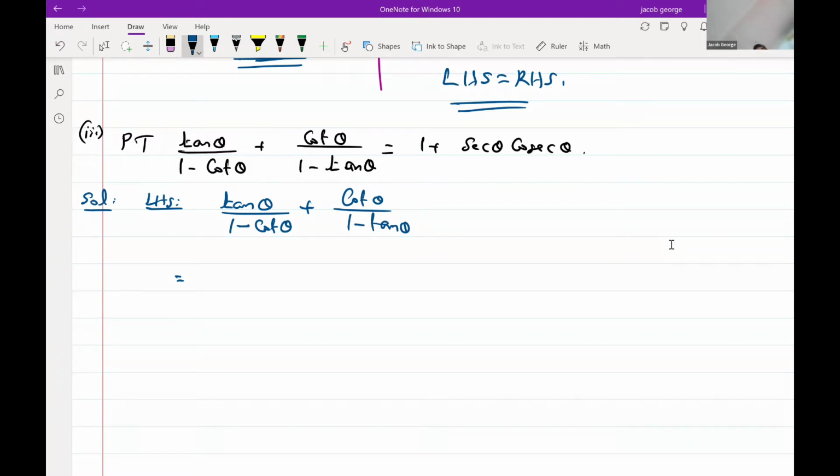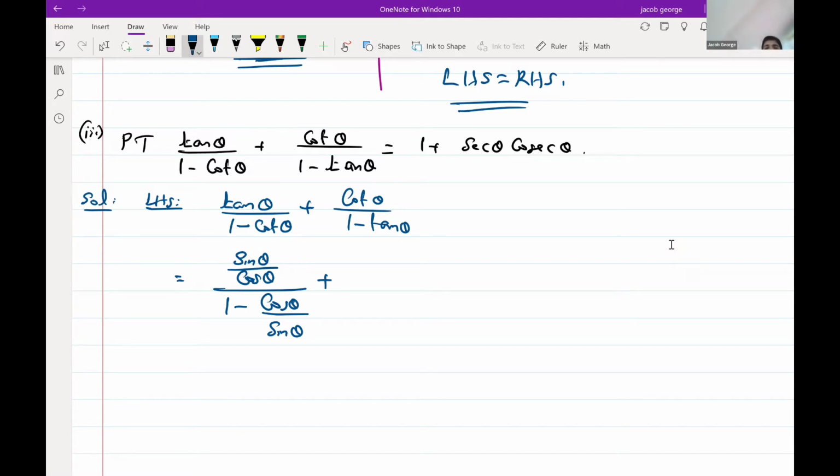So we will write sin theta by cos theta in the numerator. Sin theta by cos theta upon 1 minus cos theta by sin theta plus. Similarly, this cot theta also we have to write.